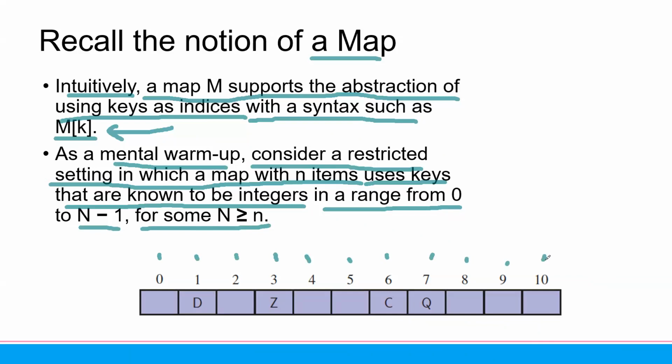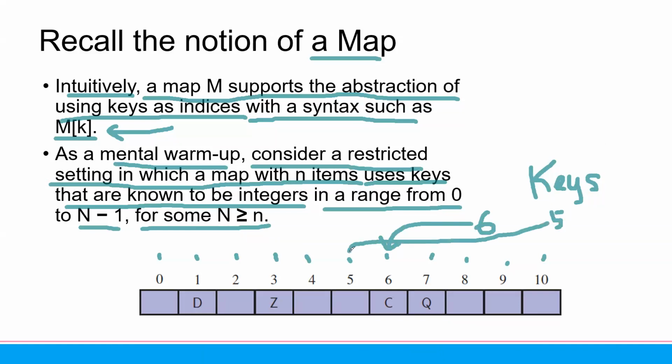And my keys are not integers. If the key is an integer, it is easy. Let's say the key is 6, then I can put it in index 6. If the key equals 5, then I can put it into index 5. But what about if the key equals k?